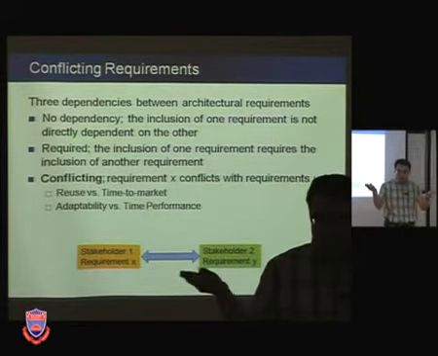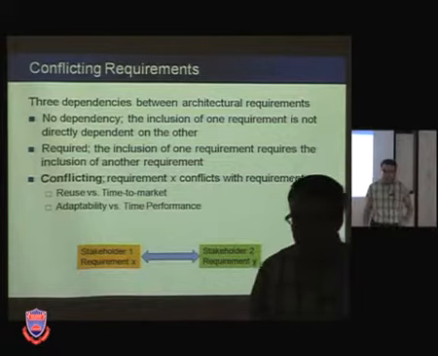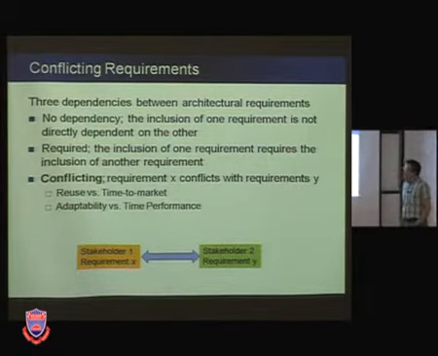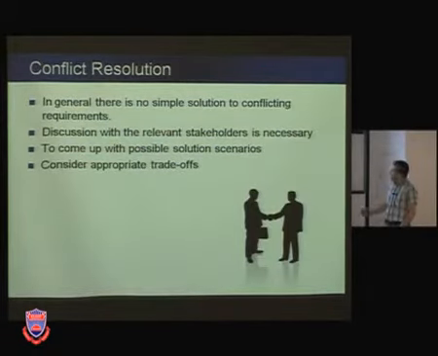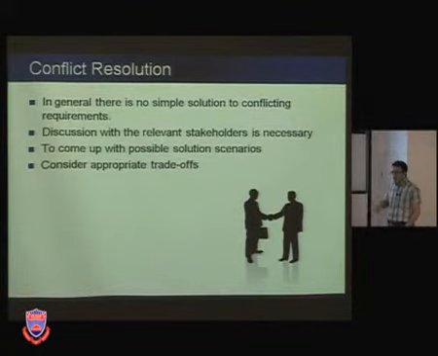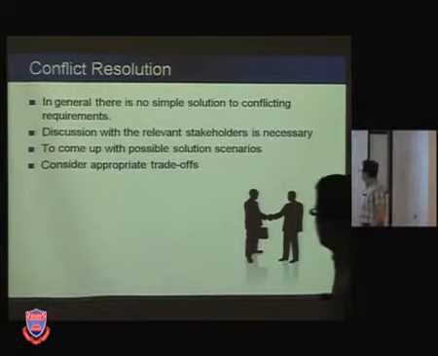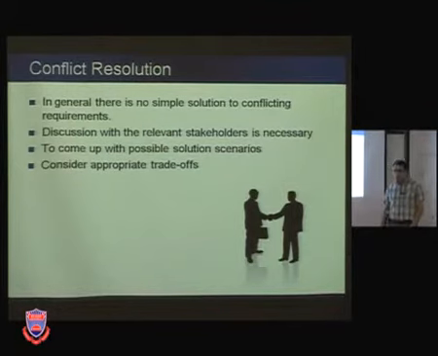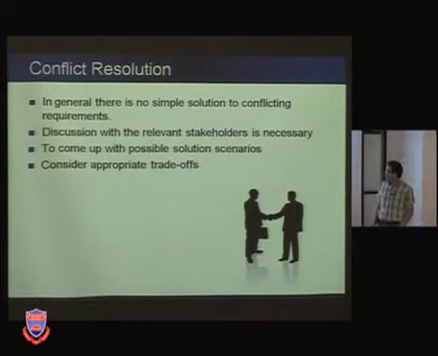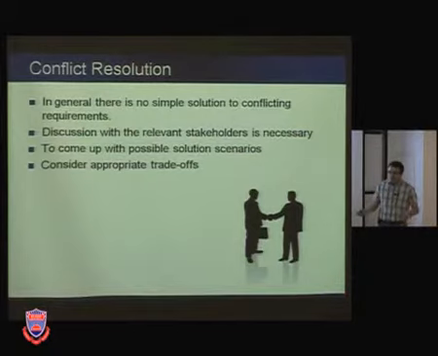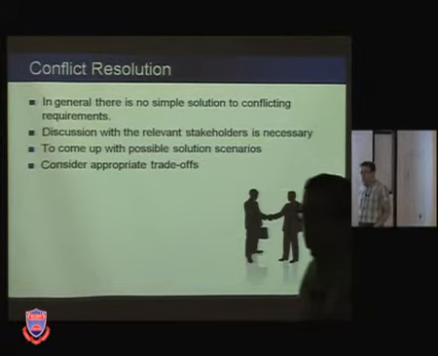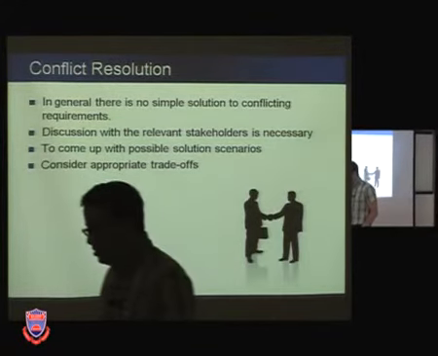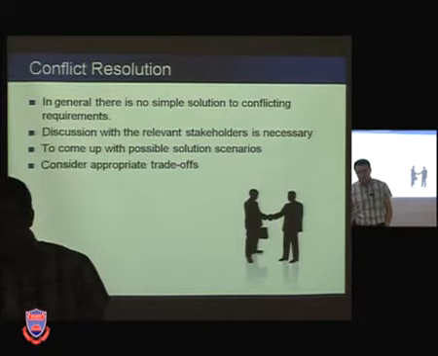They are both essential. And it's not an easy job. There's no simple solution to that. What you have to do is discuss with the relevant stakeholders. That's necessary. Try to come up with solution scenarios and define the appropriate trade-offs. So you have to define the feasibility region in this conflicting space.